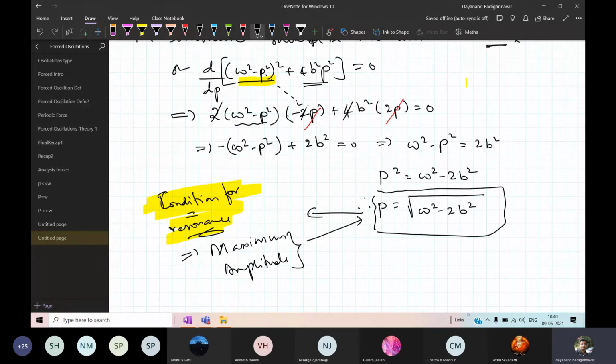Therefore, the resonance condition in the presence of damping is this much. This is the resonance condition in the presence of damping.